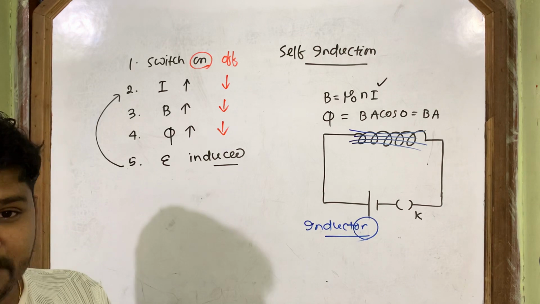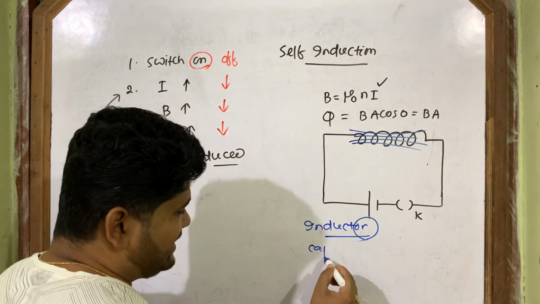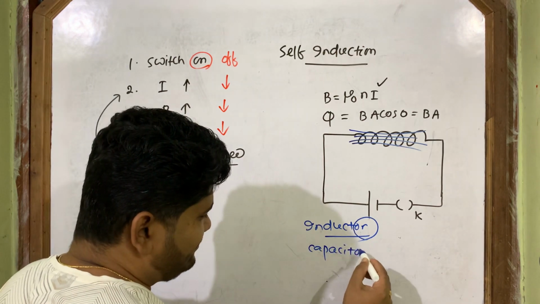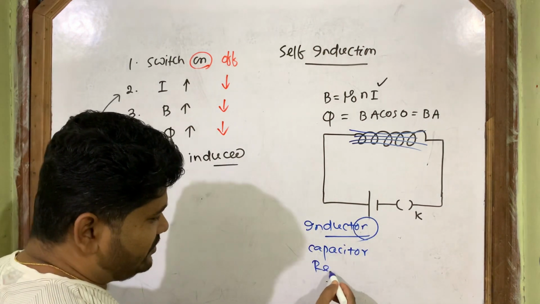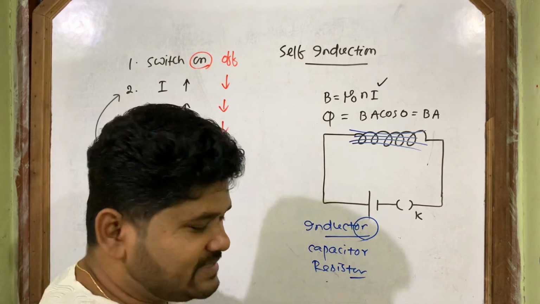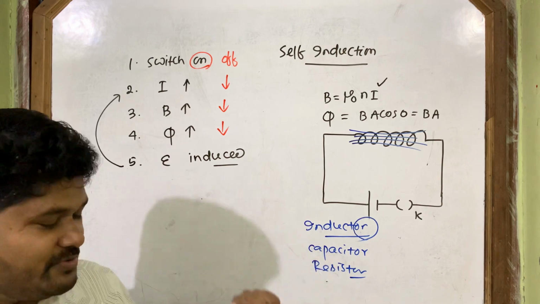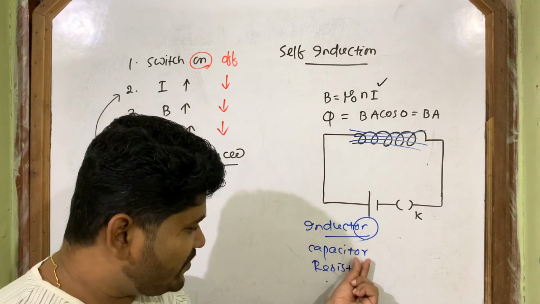From the second chapter you know the device capacitor. Then you know the device resistor. So you have heard of two other devices ending with -or.